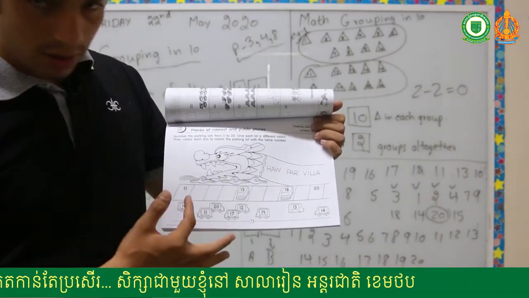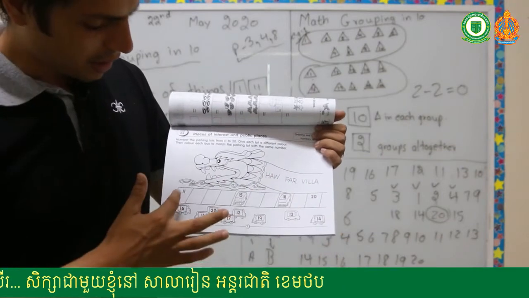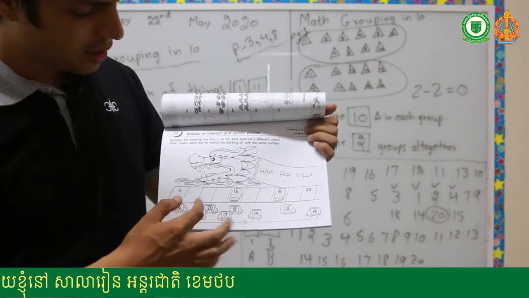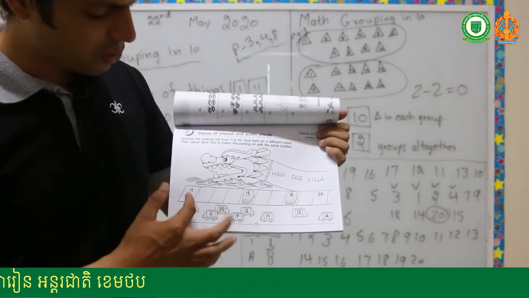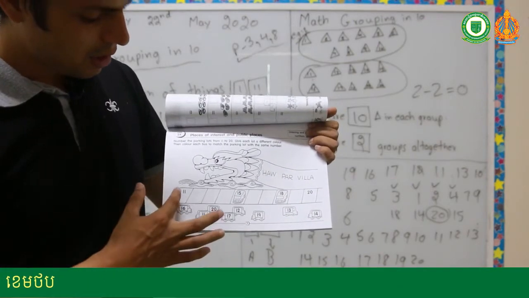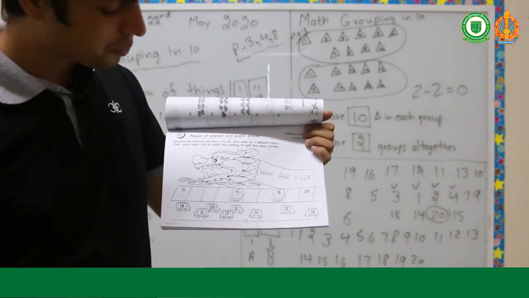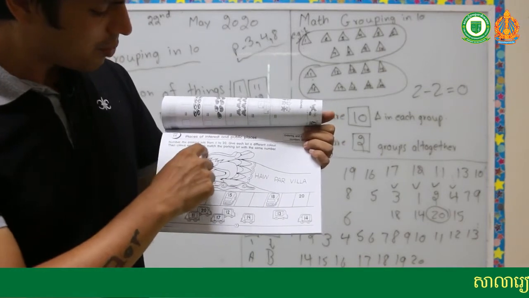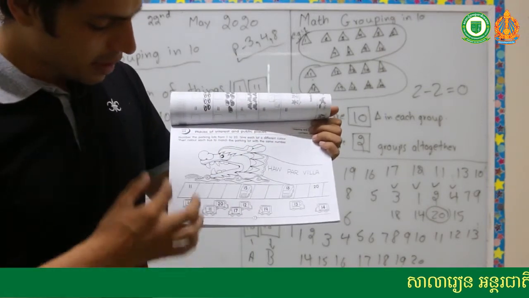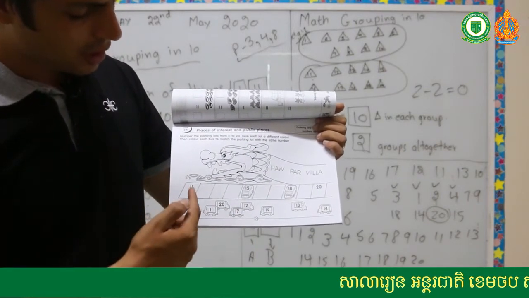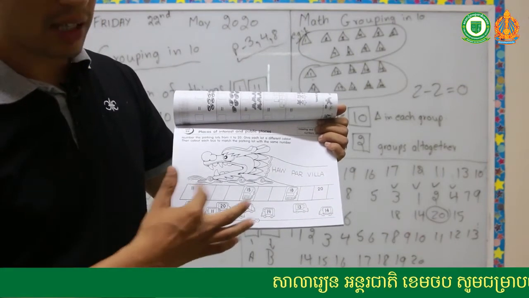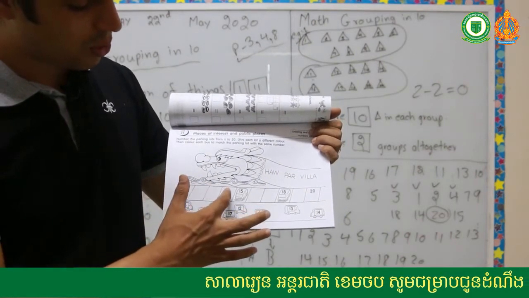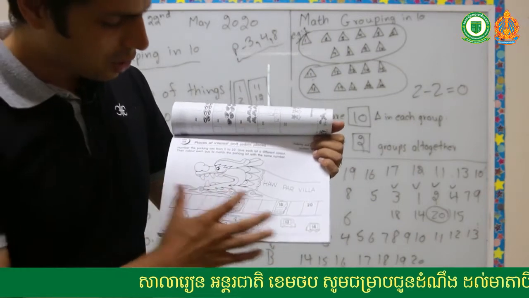You already have some numbers, like 11, 15, 18, 20, and you write down the rest of the numbers from 11 until 20. Then color each bus to match the parking lot. Color them different colors, like red, orange, blue, yellow, green.